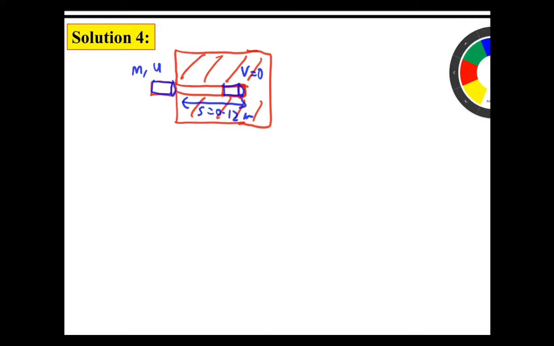Okay, so kita akan apply linear motion punya equation untuk dapatkan deceleration, uniform deceleration. And then baru kita boleh dapat time untuk bullet stop. Okay, so first apply V square is equal to U squared plus 2AS. Okay, V is 0, U is equal to 50 square plus 2A nak cari.